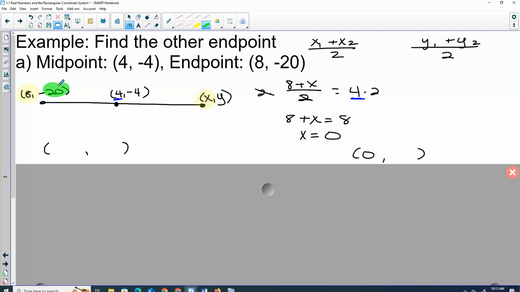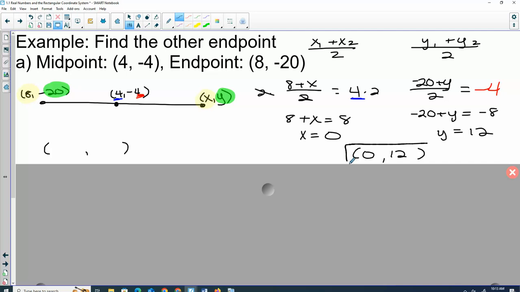So y of the first one plus y of the second one, divided by 2, and it equals the y of the middle, which was negative 4. So if I multiply over my 2, add my 20, I get my y to be 12. So my missing point is 0, 12.